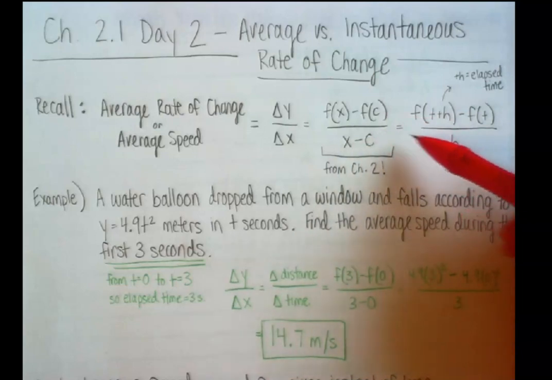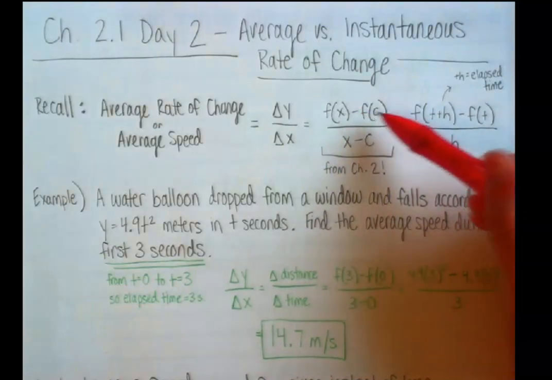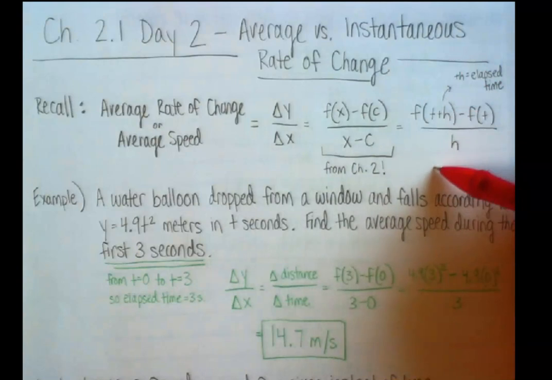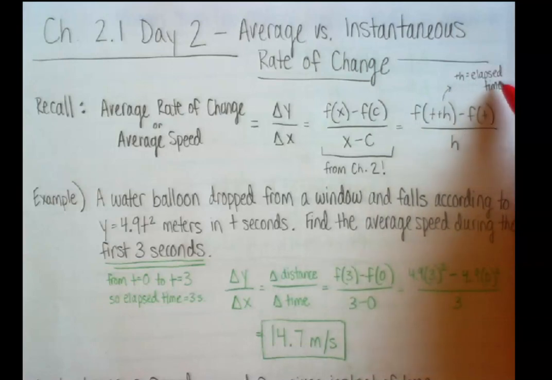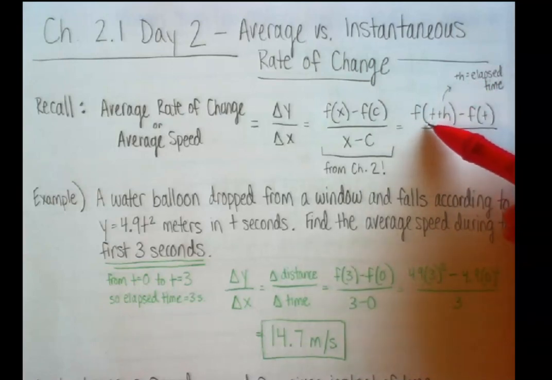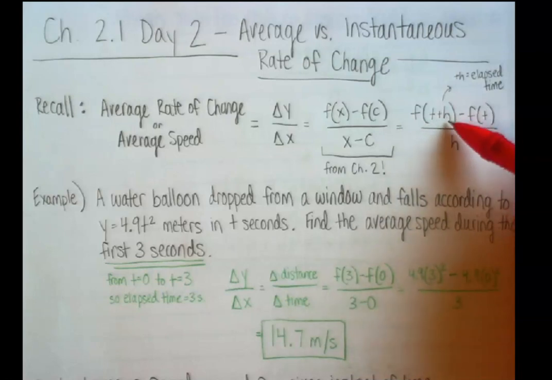Just instead of using two completely different x values, x and c, we use t as the starting time, and then h as that extra time after t. So we call the plus h the elapsed time. For example, if I start at time 0 and then 5 seconds have elapsed, that means h would be 5.